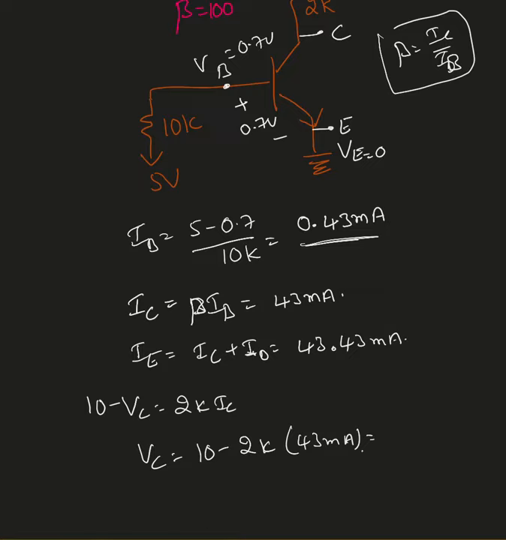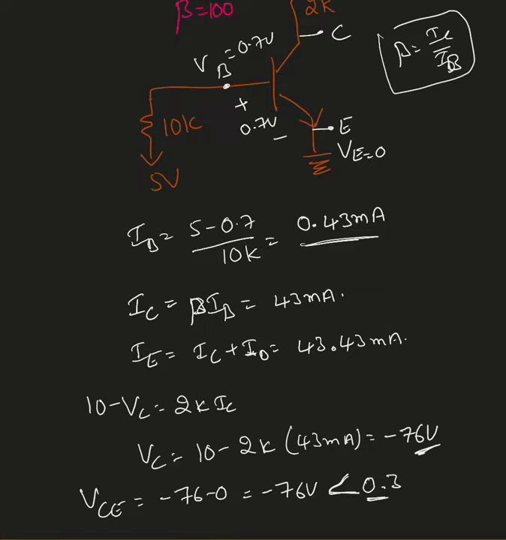It must be 86 minus 10, so minus 76 volts. And VCE equals VC minus VE, which is minus 76 minus 0, so minus 76 volt, which is less than 0.3 volt.